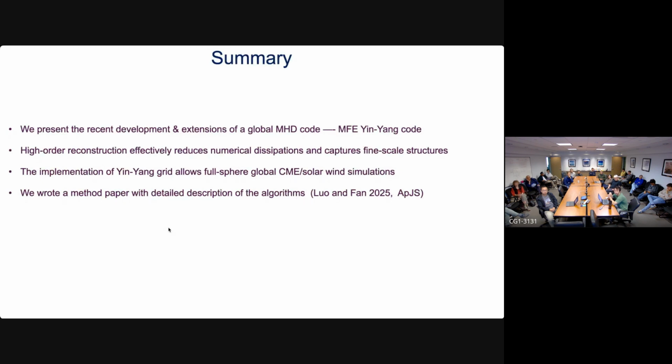Recently, we implemented the Yin-Yang overset grid, allowing us to perform full sphere global CME and wind simulations. We wrote a method paper with a detailed description and a set of standard and non-standard tests of the code and algorithms, and that's it.